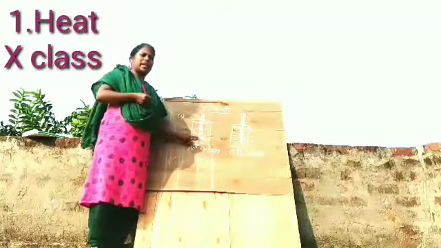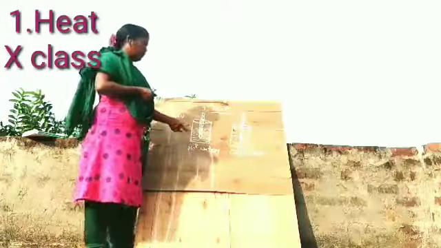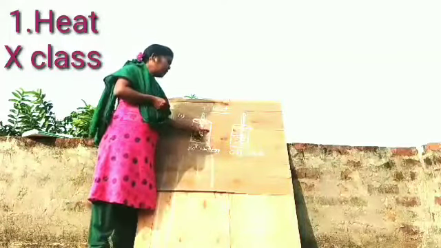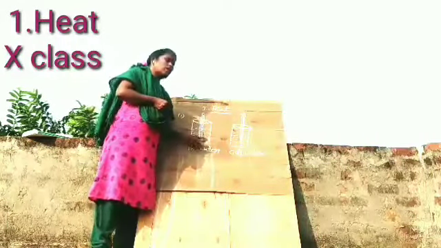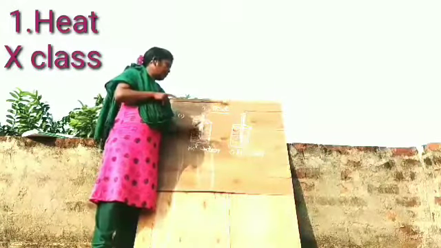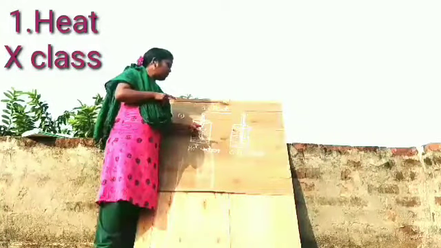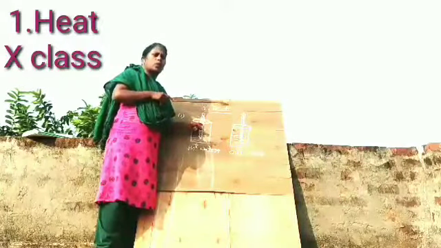That's why heat flows. From which place to which place will heat flow? Which is the hotter body here? Hot water is the hotter body. The thermometer contains the liquid, that is mercury, which is the cold body.